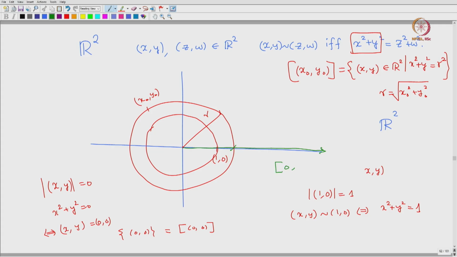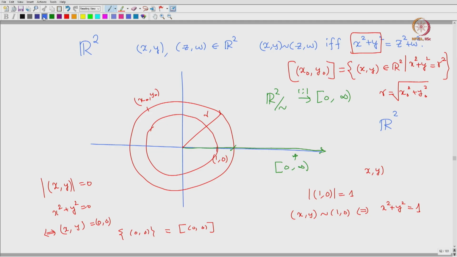So each equivalence class will have exactly one intersection with this set [0, ∞). So there is a one-to-one correspondence between R2 modulo tilde and the set [0, ∞).